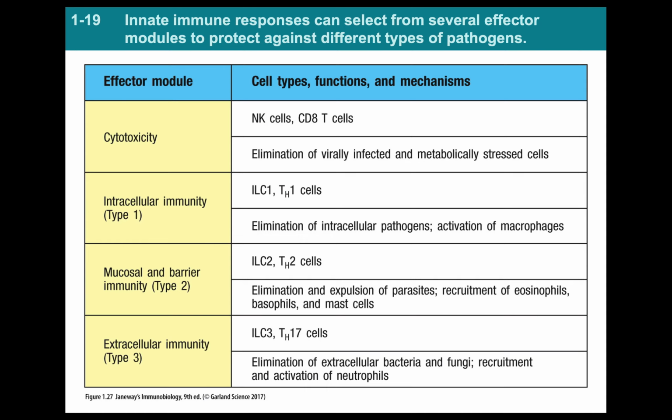Okay, so innate immune responses have potentially several different effector modules, like different ways that they can cause stuff to happen. You've got things like cytotoxicity, ability to actually kill cells. So there are CD8, or you can call them killer T cells.